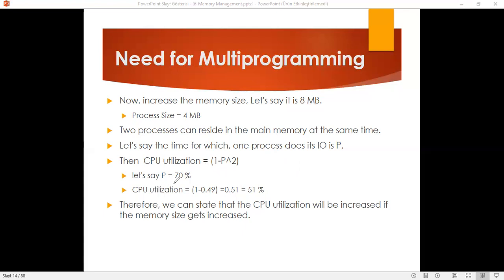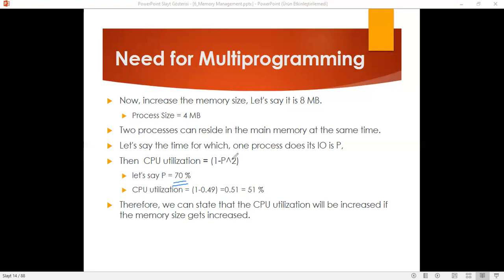So if I have two processes, but each of them has 70% of input output, what does it mean? Because I have more processes, while one of them goes for input output, I can execute the other. So it will increase the utilization.